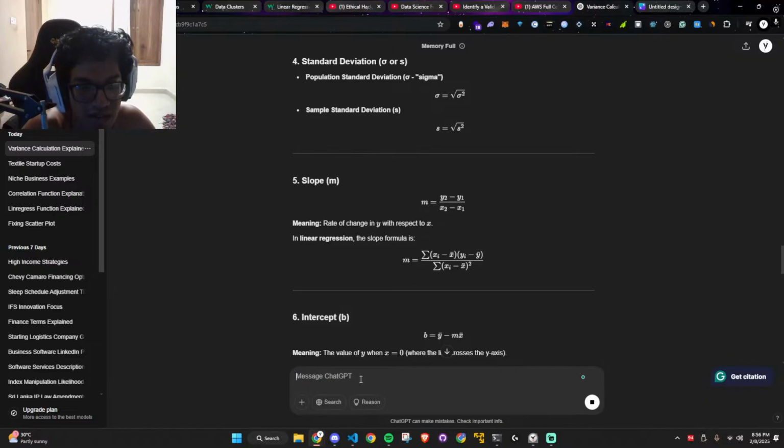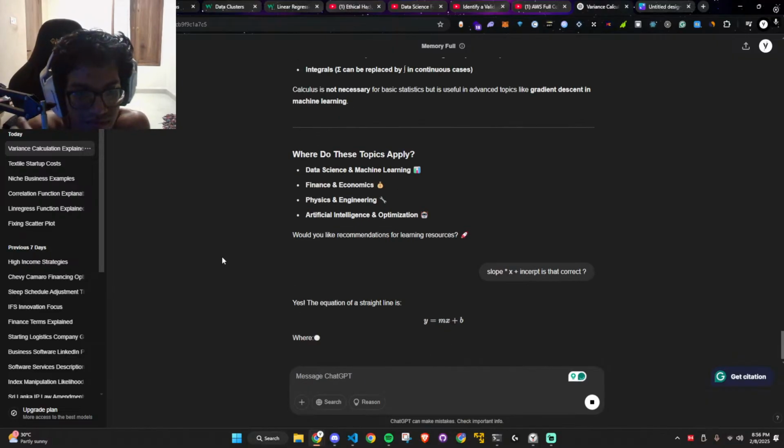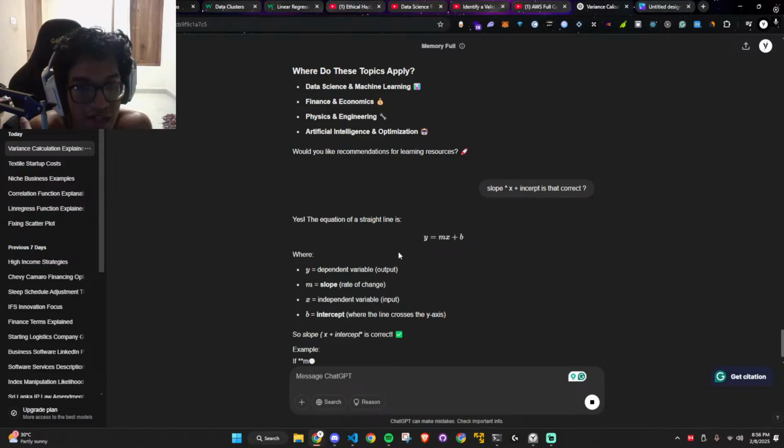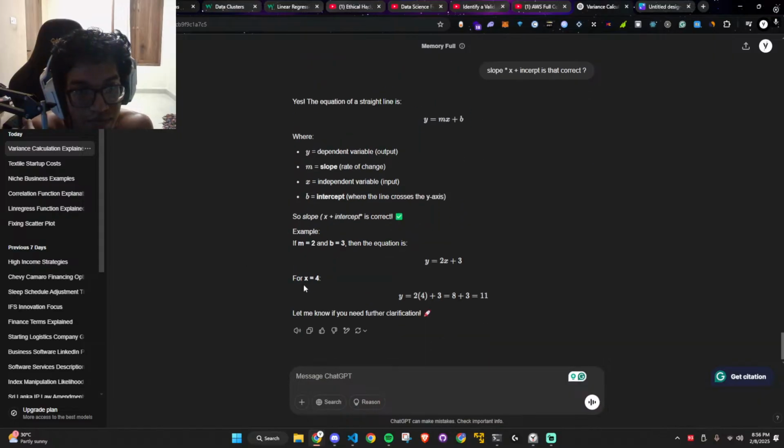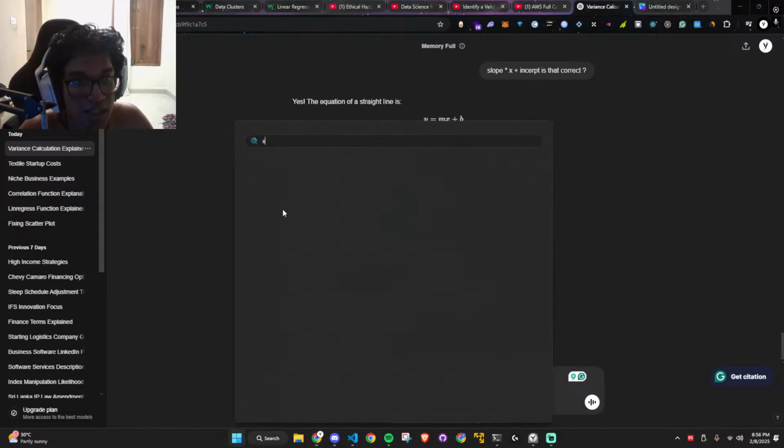Is that correct? Okay, that's the equation of a straight line. So slope is m, x is basically the x value, the independent variable, that's the input, there we go, and intercept is where the line crosses the y-axis, okay. Cool, so that's the equation of a straight line.